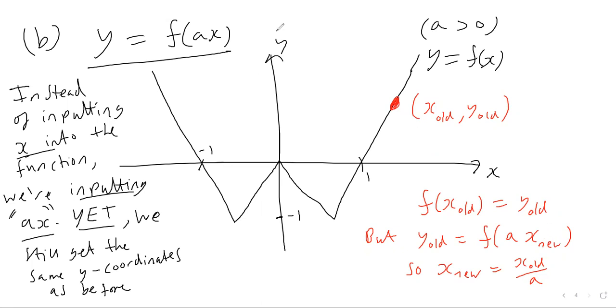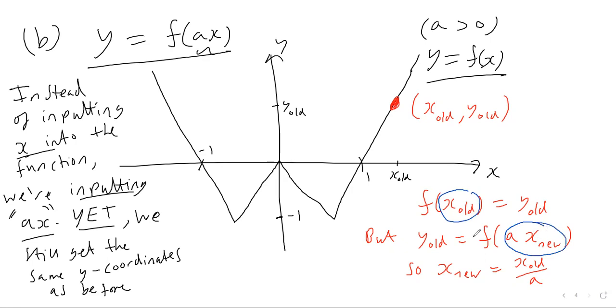Basically, we've got our original graph here. We substitute x old, this old x coordinate, and we get a y coordinate, y old. Now, when we do a transformation, we get exactly the same old y coordinate. That means that a times the new x coordinate, when we plug this into our exact same function, gives the old y coordinate. So that must mean that x old is equal to a times x new.